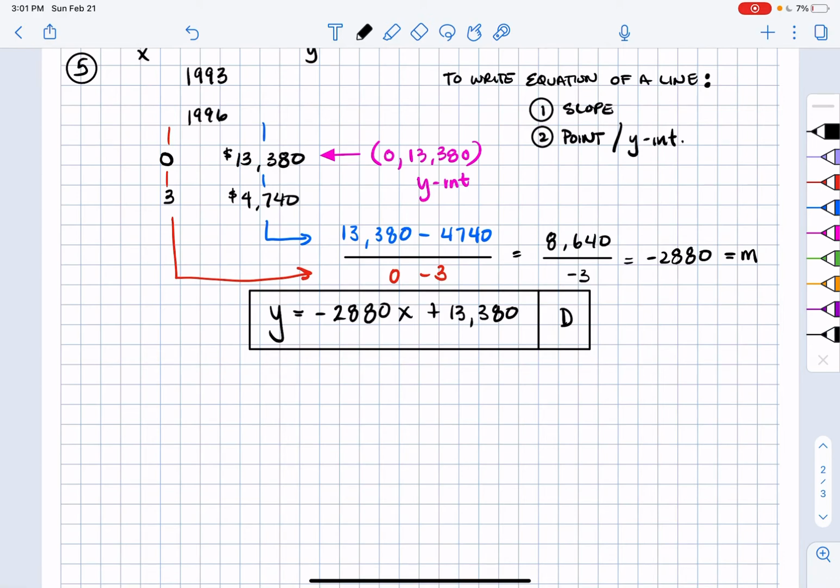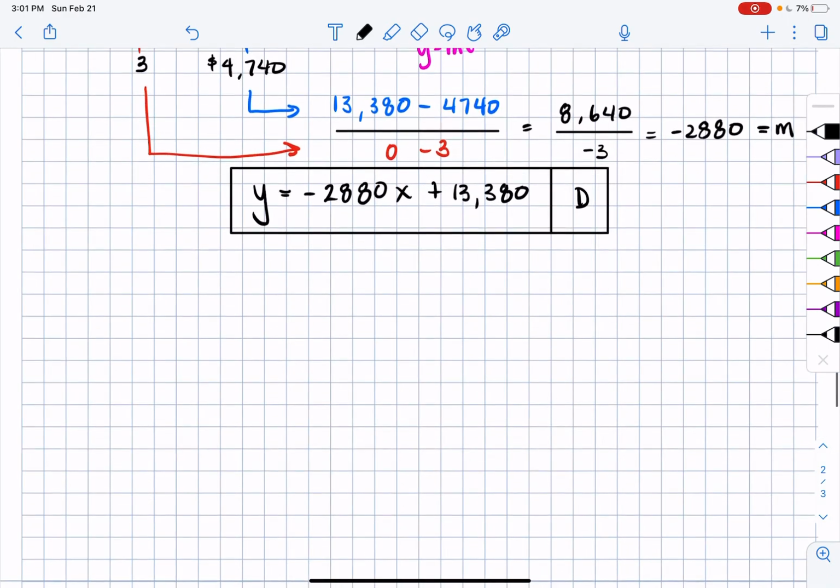All right. So on number 6, it wants you to determine the function's equation given the graph. Okay? So let's do this.